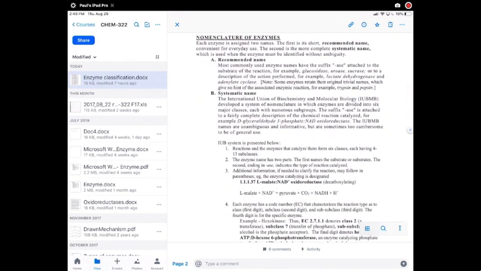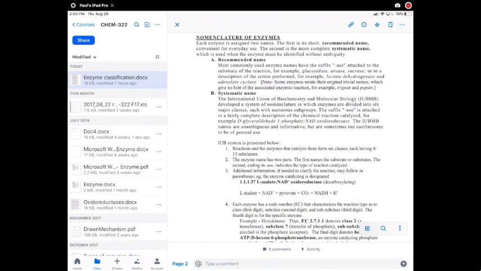Now, if we look at names of enzymes, okay, most of the time an enzyme has an -ase at the end of it, and it's attached to what the substrate or the reactant is. So urease or sucrase, okay, it takes sucrose and it has -ase added to it, so it's an enzyme, and you get an idea of what's happening, okay?